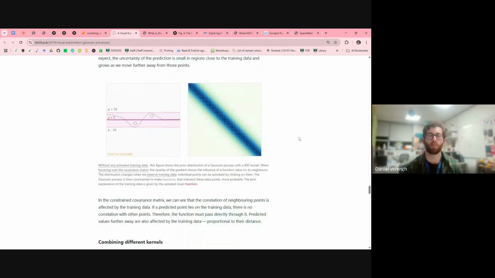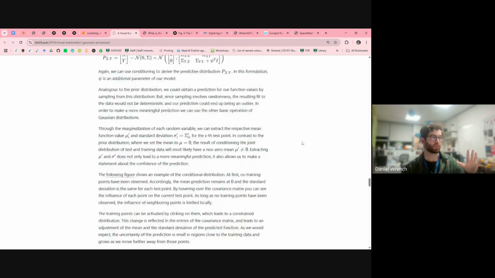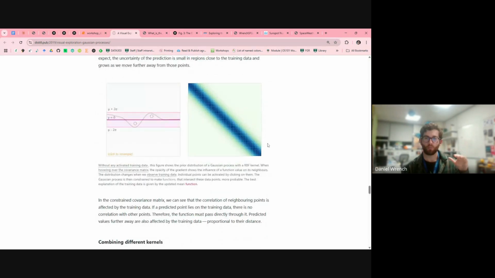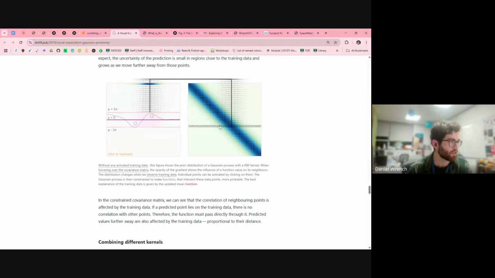And Gaussian processes have a Bayesian flavor to them. So this is called the posterior distribution once we've observed those points. When you observe the data, we have some correlation matrix, which is our prior distribution. We observe some points. Oh, this is going to demonstrate just what I was saying.